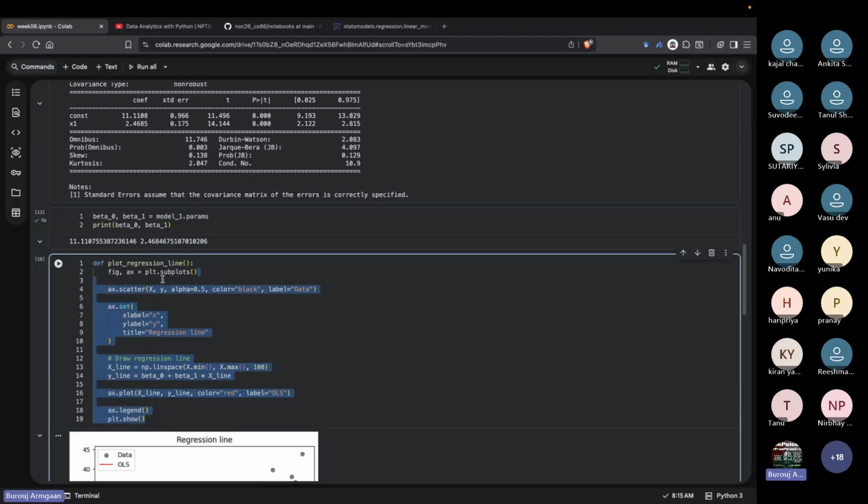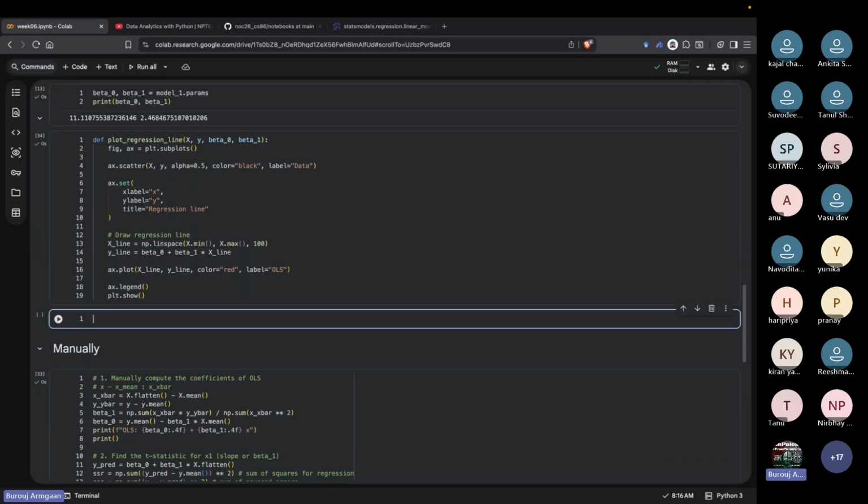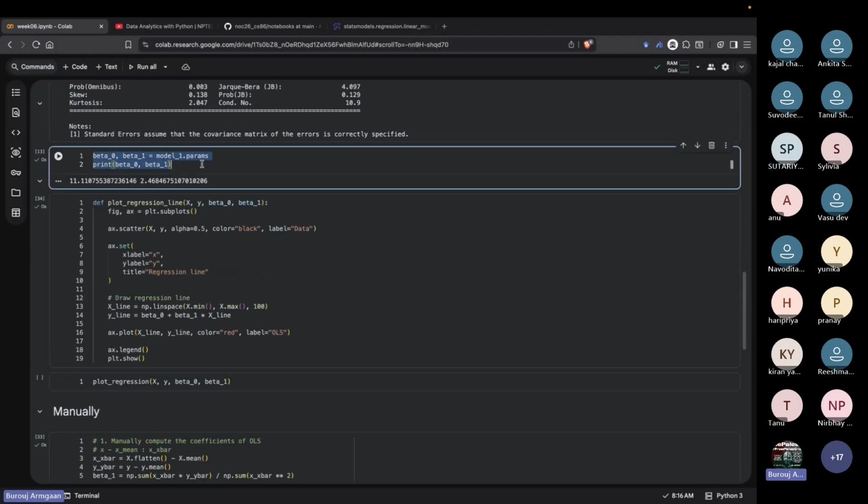We can do this. What do we need? We need x, we need y, and we need the coefficients. We need beta 0 and beta 1, and we have our function. We can utilize this in future. We can say we have x, we have y, we have beta 0 as well as beta 1.